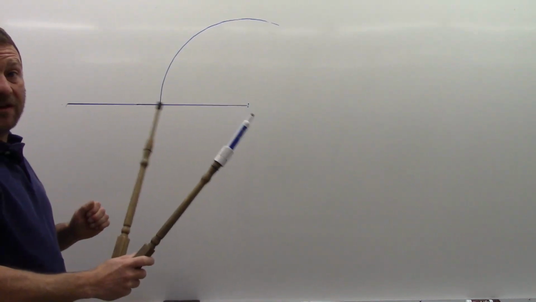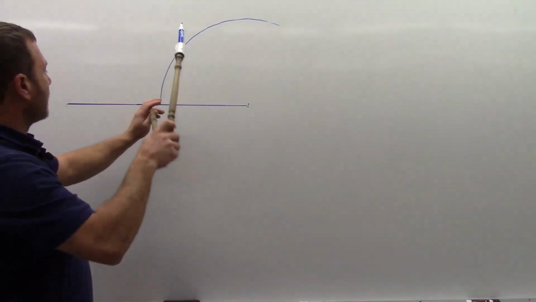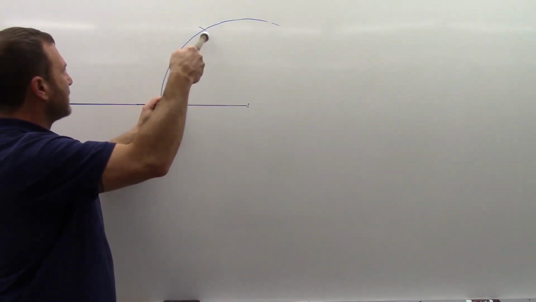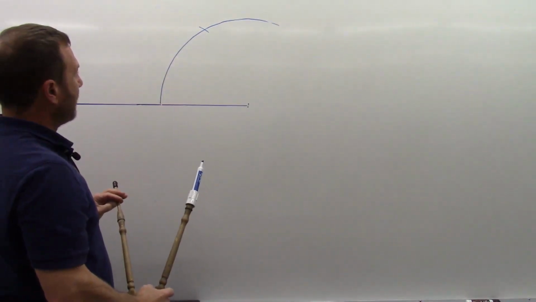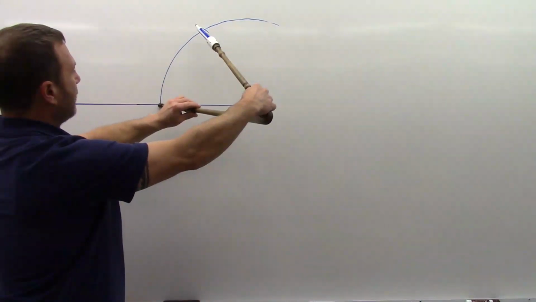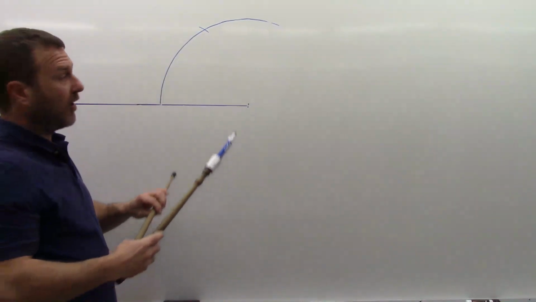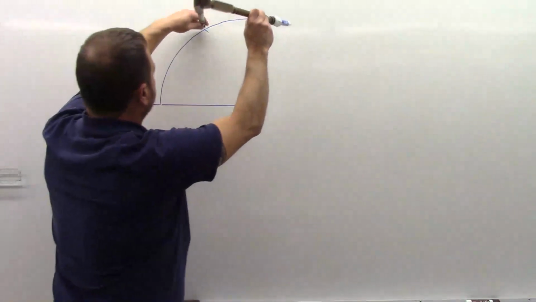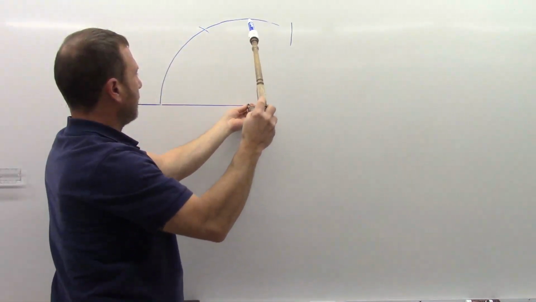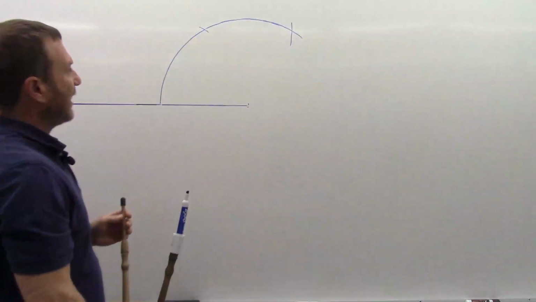Now, keeping the same distance, the radius that I've used on my dividers, I'm going to come up to the start of the arc, and I'm going to swing what we refer to as a step off. When we take the radius and put it onto the circumference of the arc, that's a term we use as step off. And I'm going to do that twice. Just missed, so I'll bring that. It's all the same dimension, so I can easily extend that.